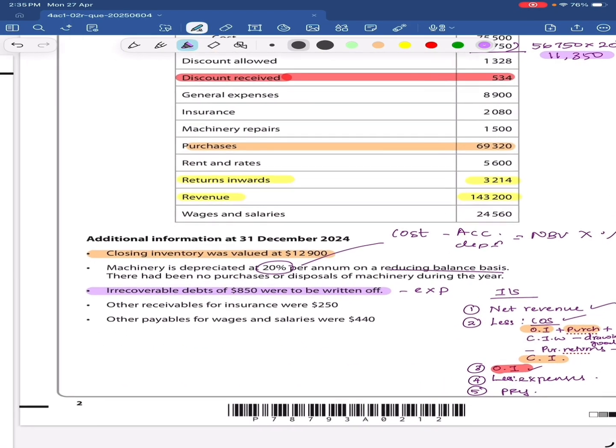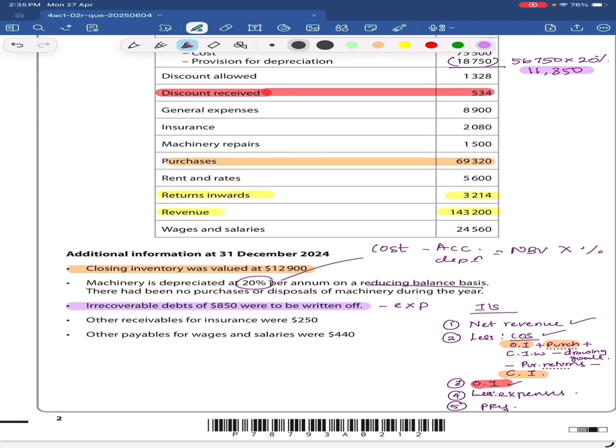Next adjustment, other receivables for insurance were 250 and other payables for wages and salaries were 440. Remember, at the end of the financial year, any prepaid amount should be deducted and any accrued amount will be added. So let's go to insurance. You have insurance 2080.